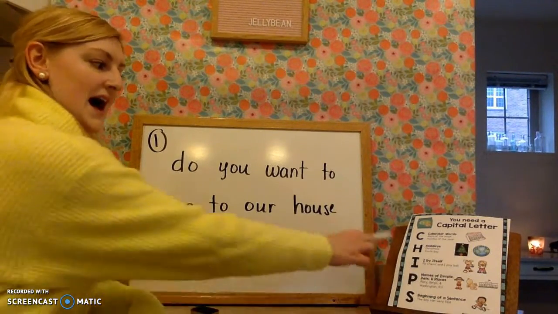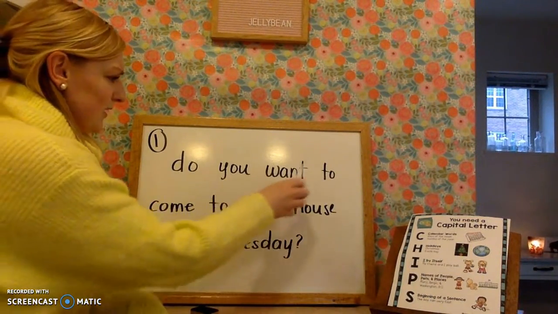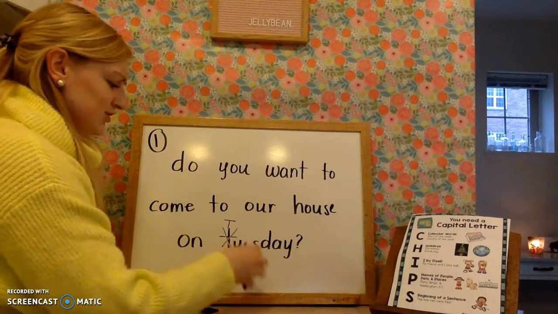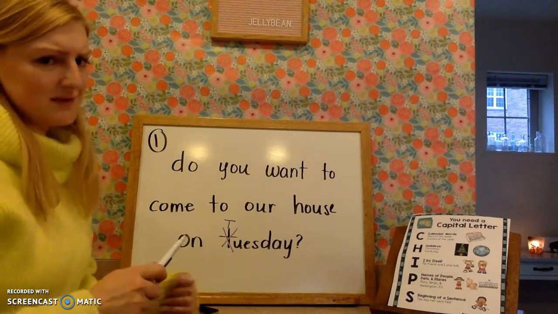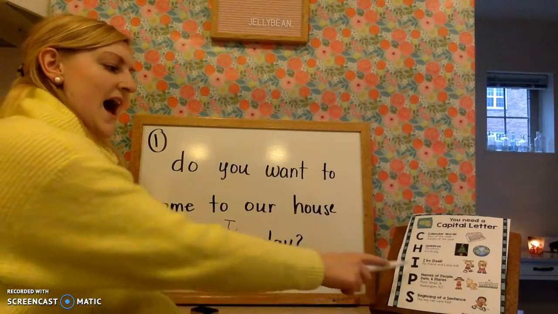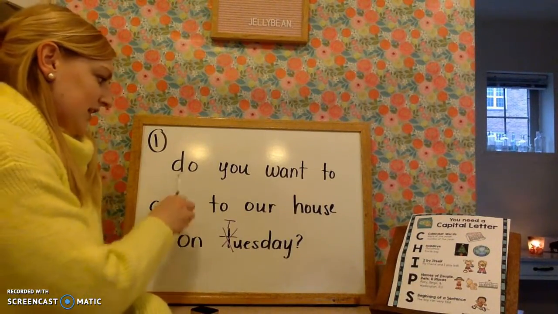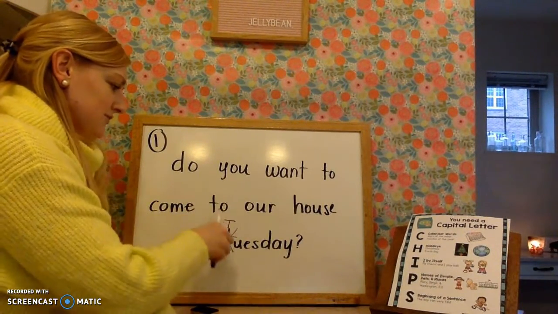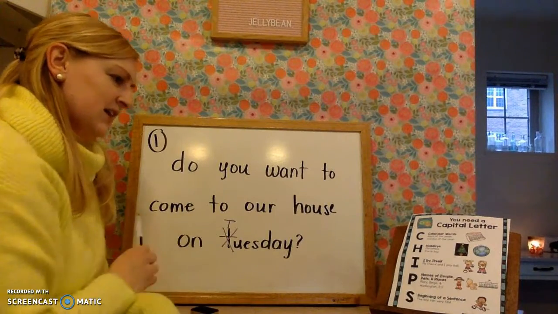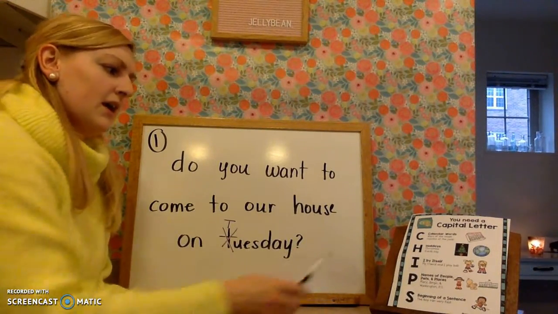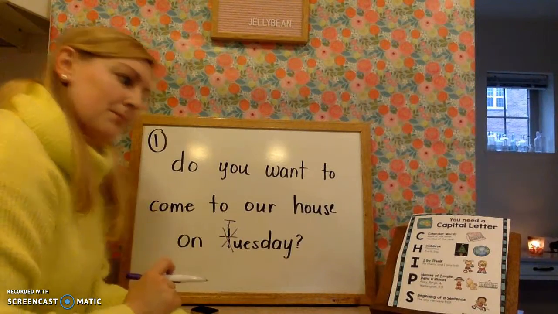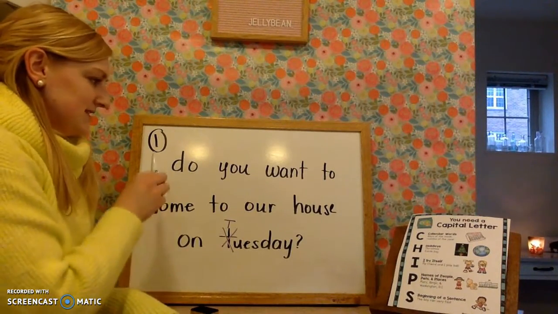All right, holiday. Do you want to come to our house on Tuesday? No holidays in that sentence, so we don't have to worry about capitalizing any holidays. I by myself, so let's check. Do you want to come to our house on Tuesday? I didn't see any I's, so we'll skip that one as well. Name of people, pets, and places.